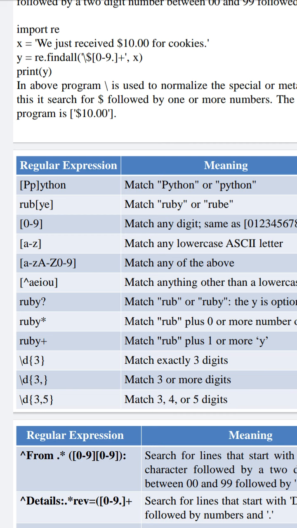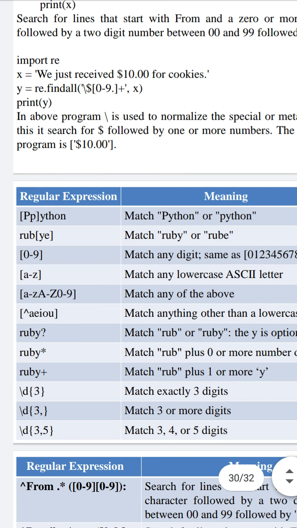To do so, I applied a backslash before the dollar. By doing so, it will nullify the special meaning associated with the meta character dollar and it will search for the dollar symbol as it is in a given string.